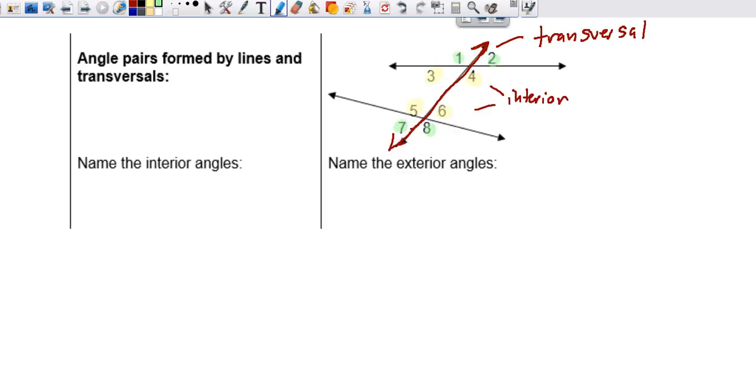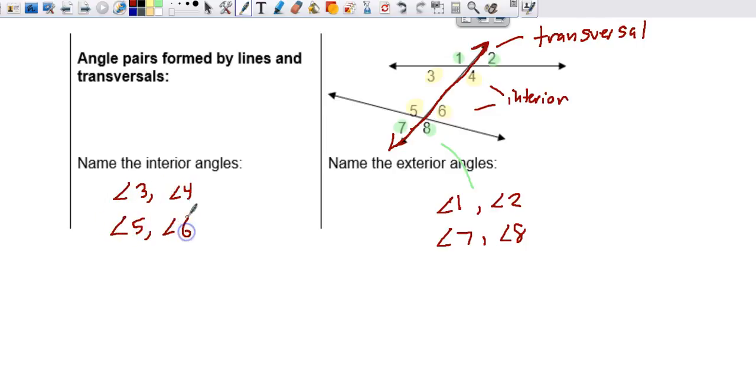These are exterior. So angle 1, angle 2, angle 7, angle 8. And the interior would be angle 3, angle 4, angle 5, angle 6.